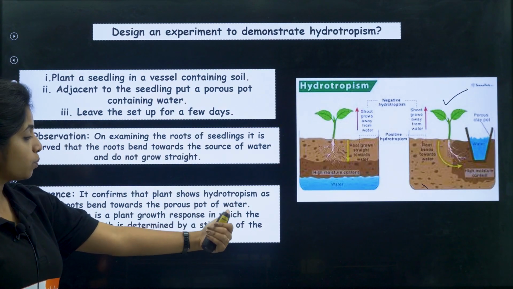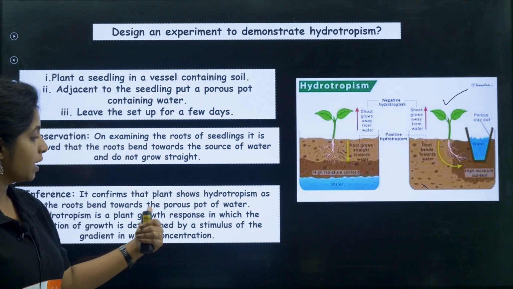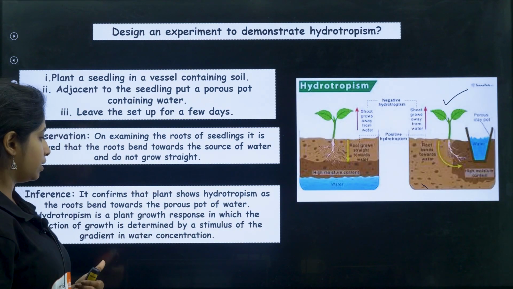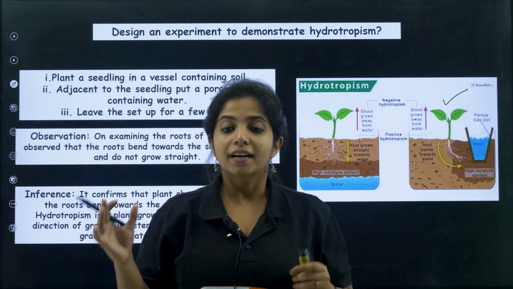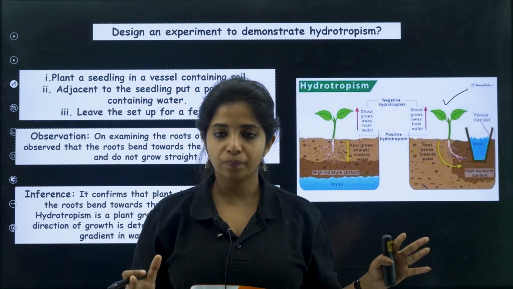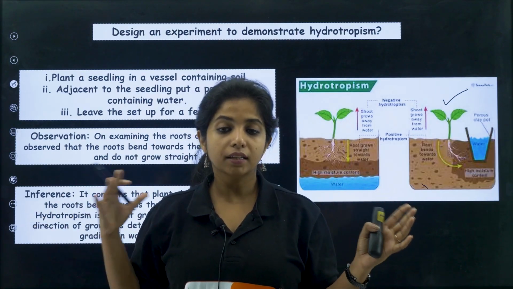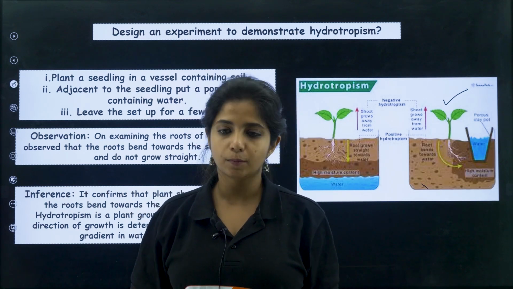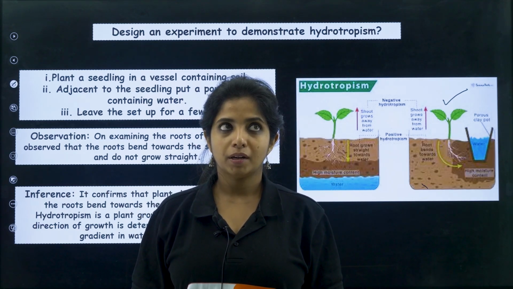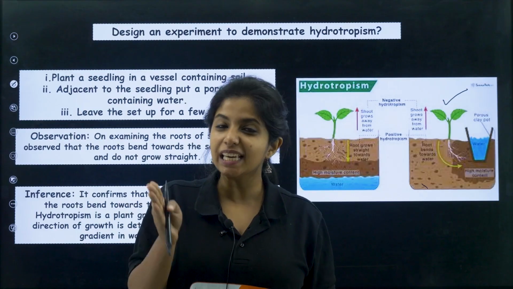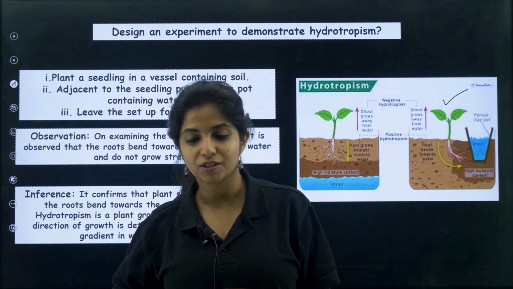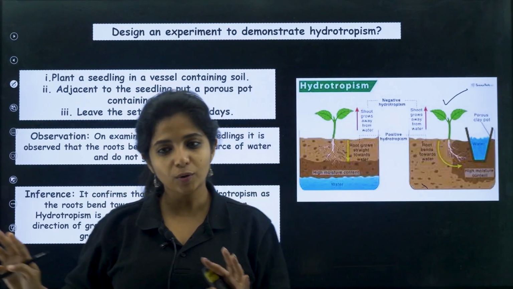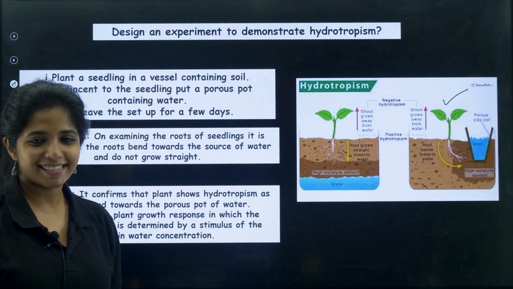Hydrotropism is a plant growth response in which the direction of the growth is determined by a stimulus of the gradient in water concentration, or basically the direction of the response is in the same direction as that of the stimulus. That is more correct English, or the only correct English that I know. Yes.